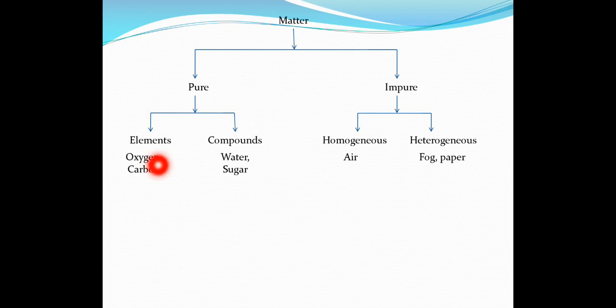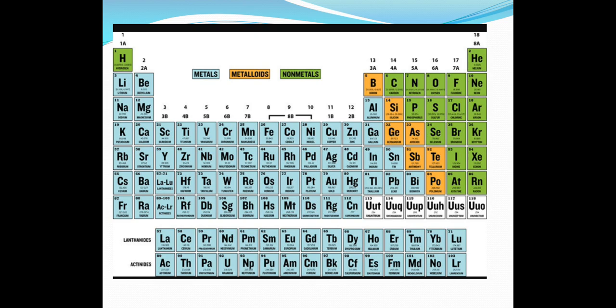And when we talk about elements, the whole periodic table, if you see here, is elements. So elements mainly consist of metals, metalloids and non-metals. So what are metals? There are certain properties of metals, like they are good conductors of electricity, good conductors of heat, shiny, lustrous.